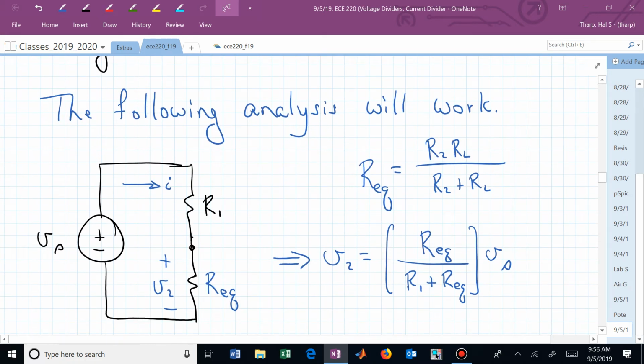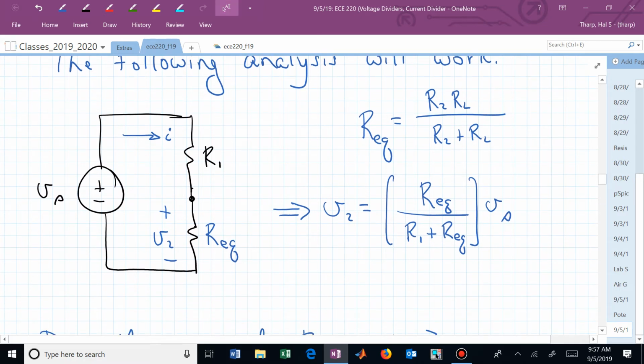And this expression differs because our equivalent is not quite R sub L, is it? But now we're saying, how does this work? When can we sort of say, oh, maybe it's okay to use the traditional voltage divider formula? Are there values for R sub L that we could maybe say, oh, that's not really loading R sub 2 that much?